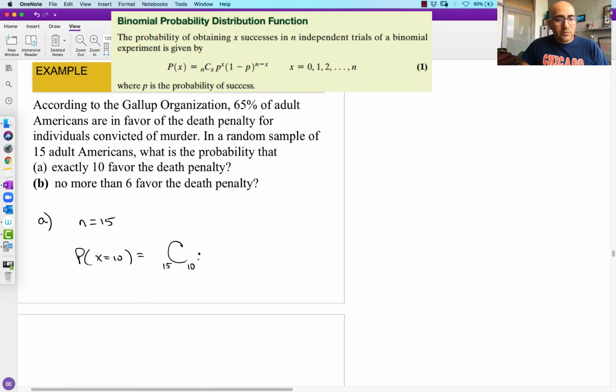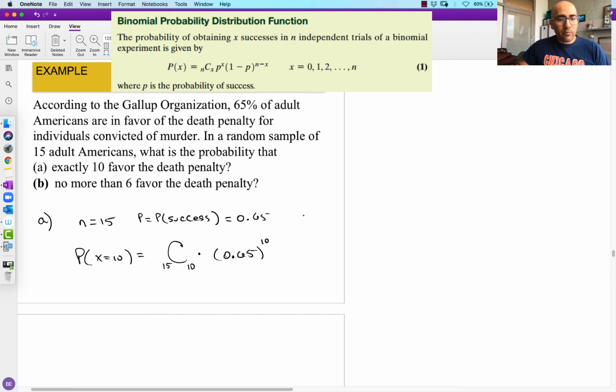Then next we multiply times the probability of success. Probability of success p in this question is just going to be equal to 0.65. Good. So then we're going to multiply this by 0.65 to the power of 10 because we're looking for 10 successes.